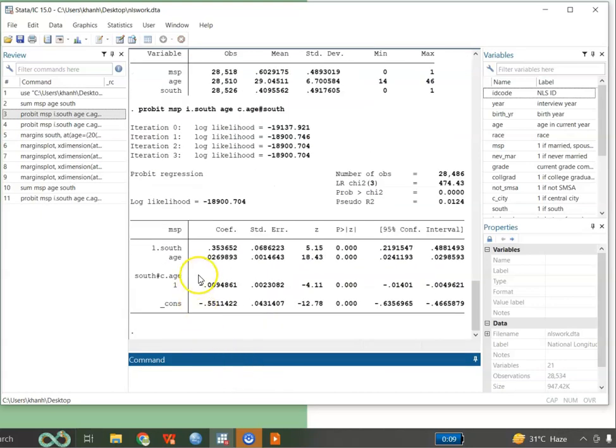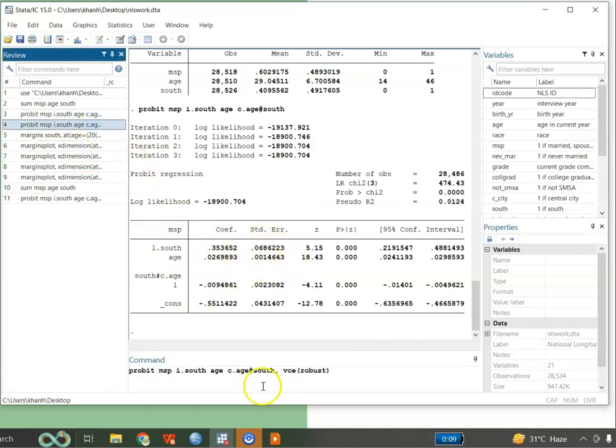Now here is my command. This is the iteration history, these are the model level statistics, these are the coefficients, and since these are the coefficients, I would like to change these into margins. But before that I want to make the standard errors robust.